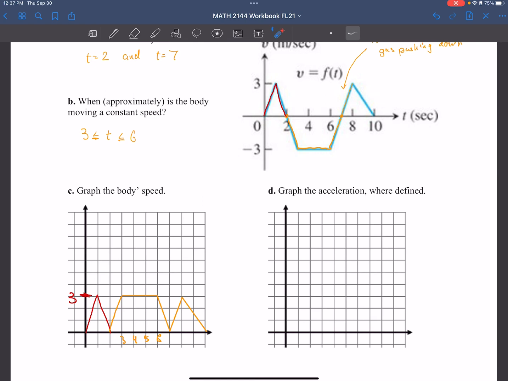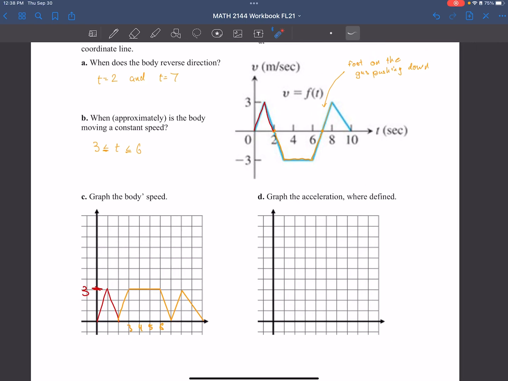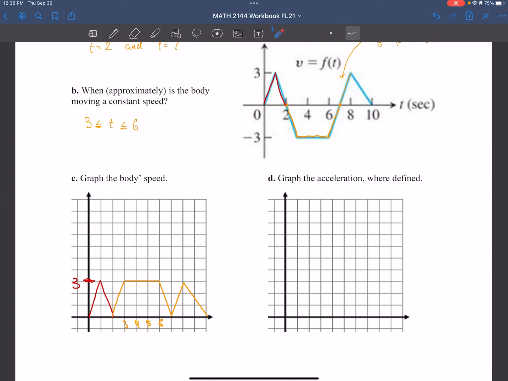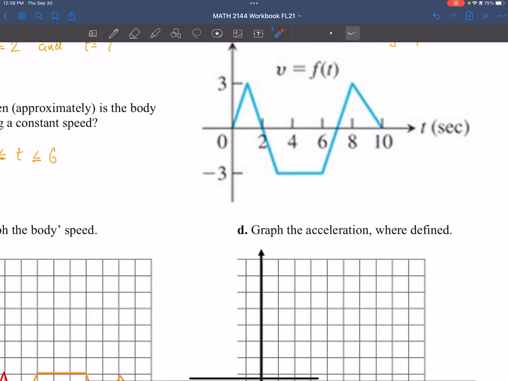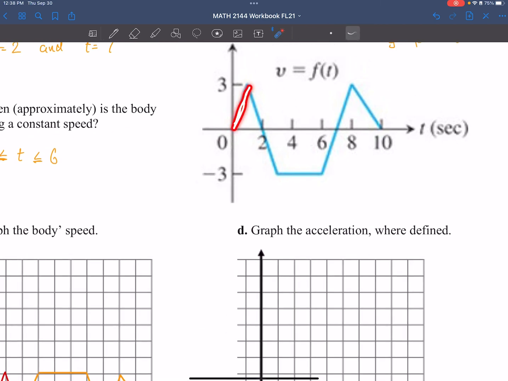Okay, and then the graph of acceleration. Let's think about this based off of what we already know about functions. I'm going to go ahead and clean up the graph a little bit just up here. This piece right here is what type of function? Linear. So the derivative of a linear function is what type of function? Constant.